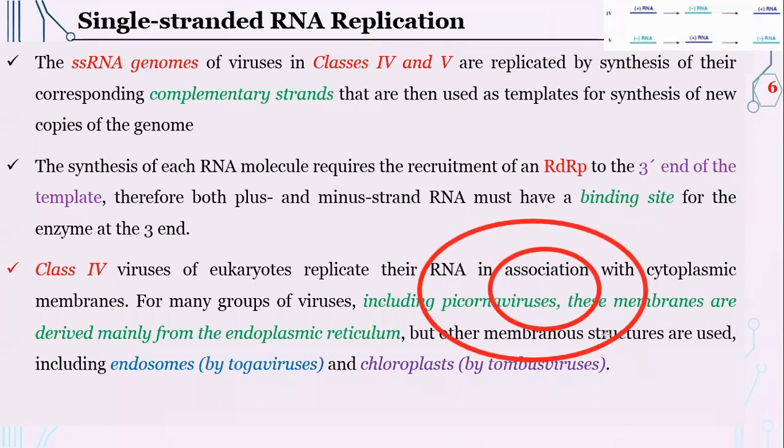They will bind within these membranes and multiply there. ठीक है, ये मेम्ब्रेन के साथ बाइंड करेंगे और इन मेम्ब्रेन स्ट्रक्चर्स में ये अपने डीएनए को, सॉरी, अपने आरएनए को मल्टीप्लाई करेंगे.